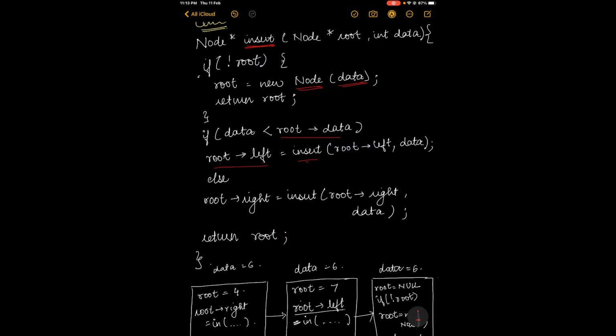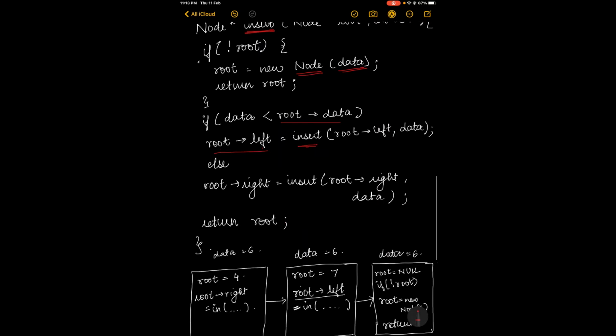For now, it's important that you realize we're making use of the insert function with two parameters, that is root left comma data. And else, that is, if the data is greater than the data present in root, then we'll be traversing the right side of the tree. So that is root right is equal to insert root right comma data.